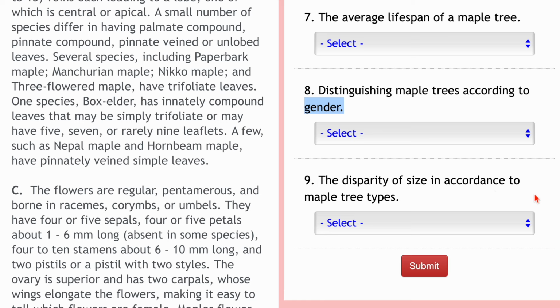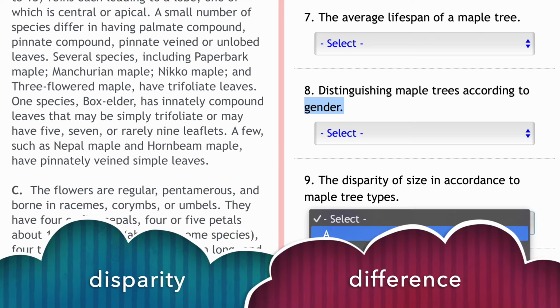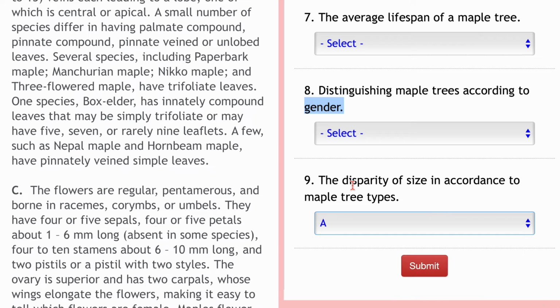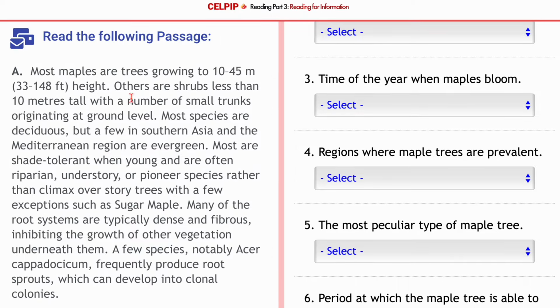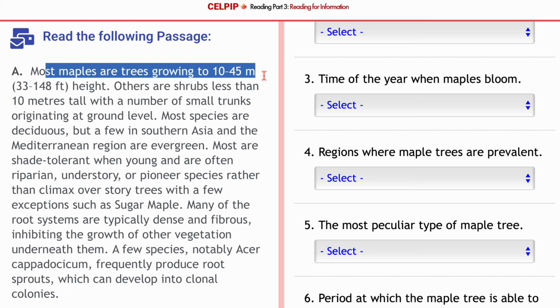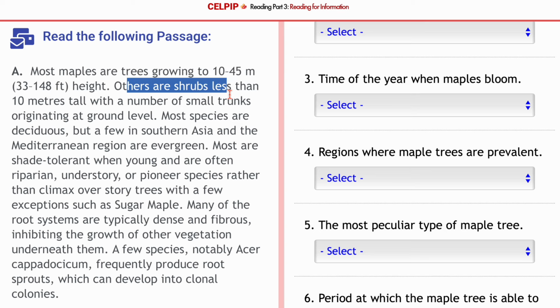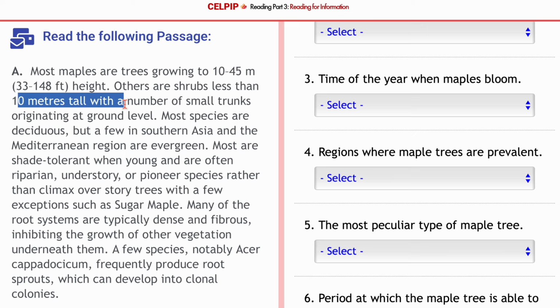Disparity of size. Well, I would say this is an A. Disparity means difference in size in accordance to types. And we read here the height, most maple trees are this high. It says others, which are shrubs, are less than 10 meters. Okay, so I'm going to say that one is A.